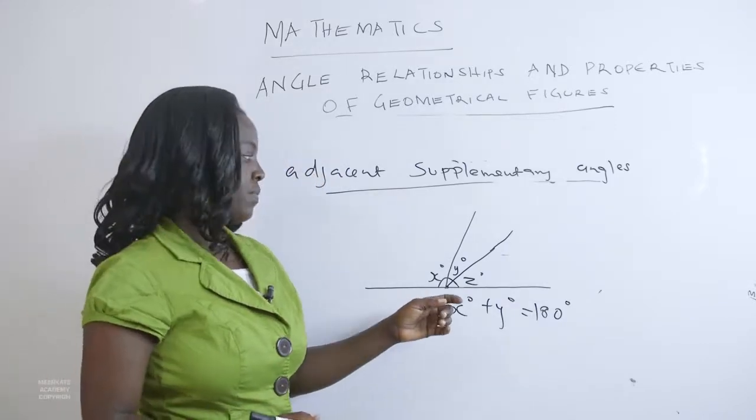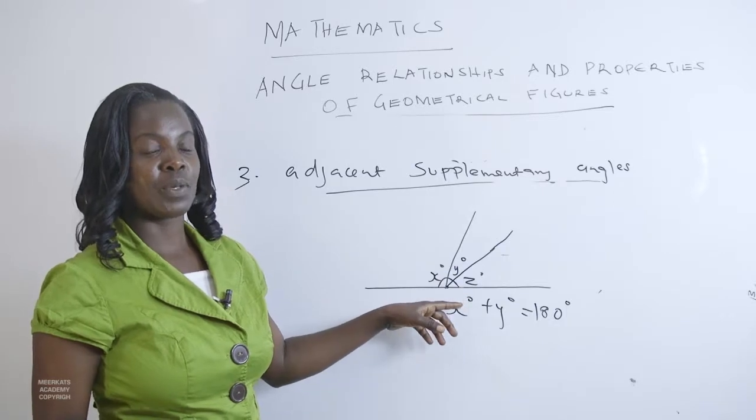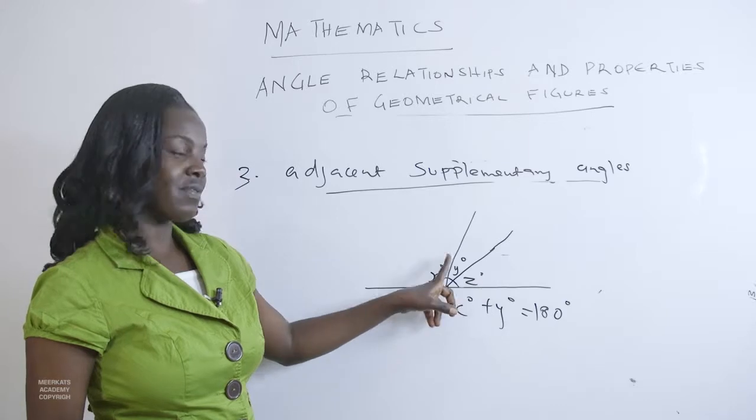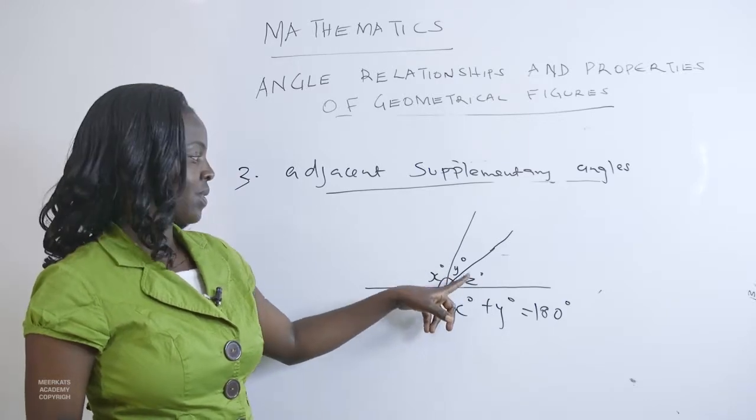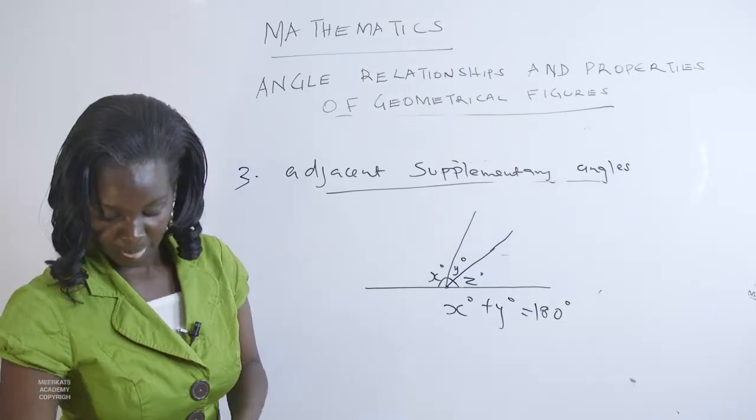These are not supplementary, because for them to be supplementary, they must be two angles. But we can have more than two angles in a straight angle.